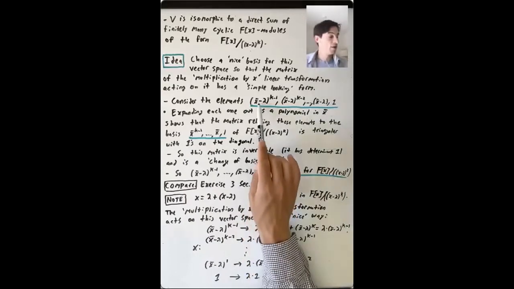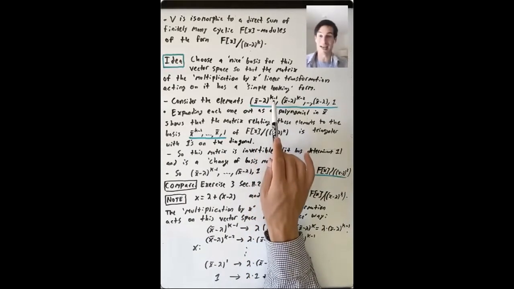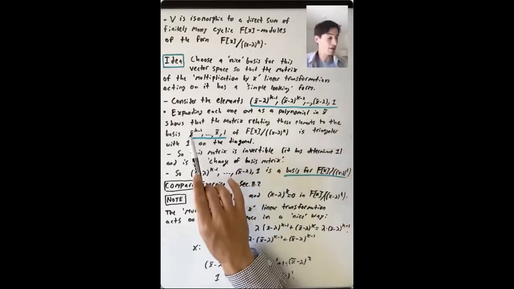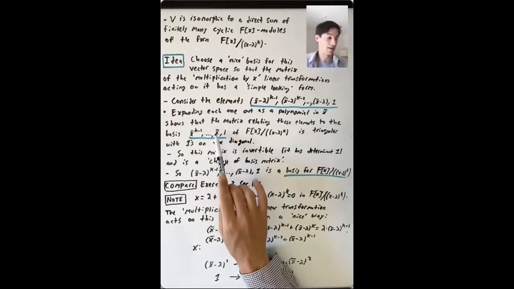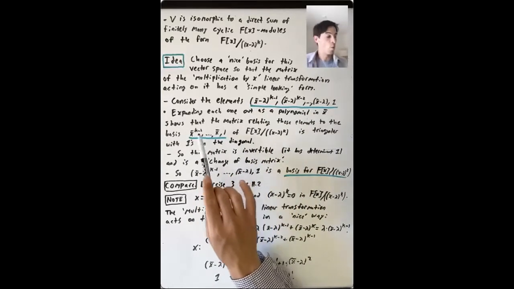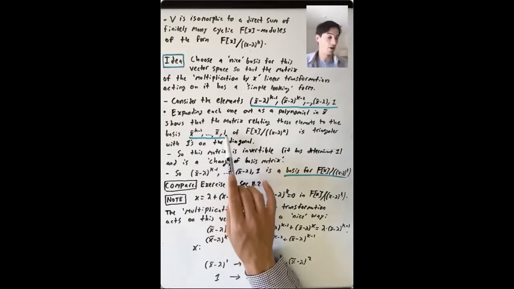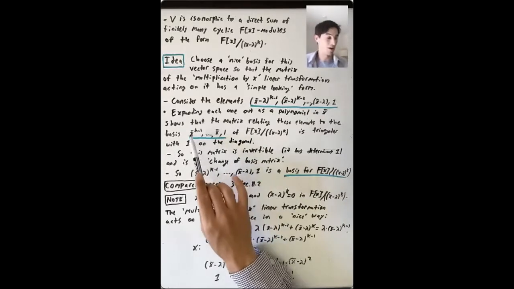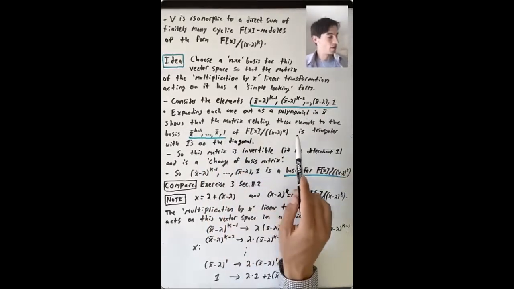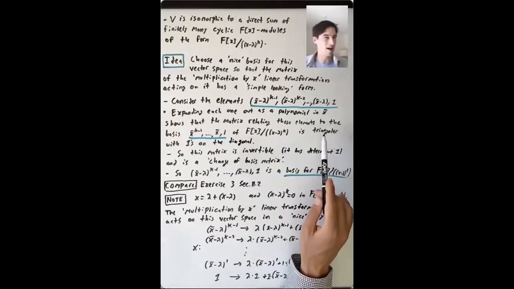So what does that mean? When you expand out (x̄ − λ)^(k−1) as a linear combination of x^(k−1) down to x and 1, you have 1 times x^(k−1) plus some more complicated coefficients involving the lower powers of x. So I say triangular here.